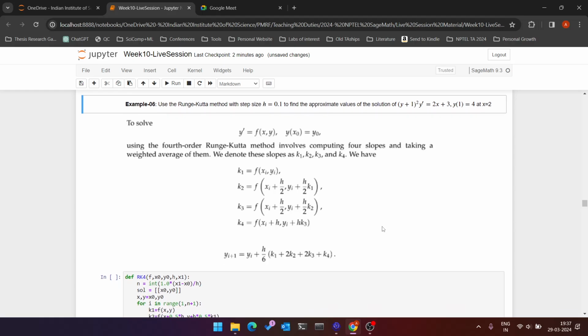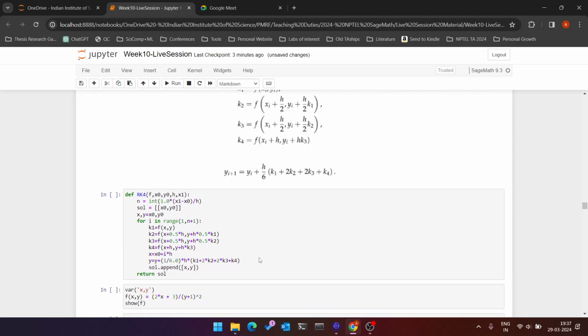Again, Runge-Kutta method, a brief recap of the fourth order Runge-Kutta method is we find 4 slopes k1, k2, k3, k4, and then weigh them unequally with the step size h to obtain a new estimate of y.